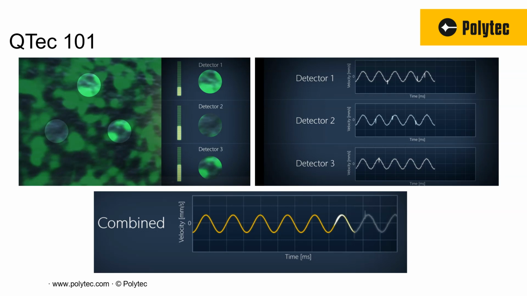Number one enemy of laser Doppler vibrometry. Anyone who's played with it knows that, yeah, it just causes this broadband noise. If there is no noise from the source, that's the best solution. So that's QTec. That's not the focus of this presentation, but that's just a QTec 101.